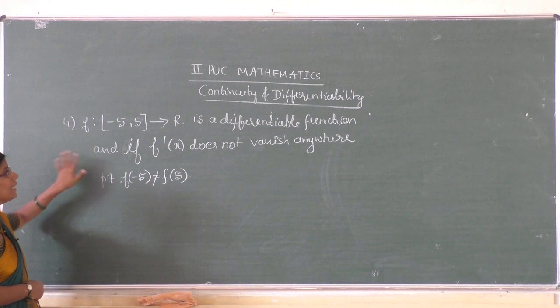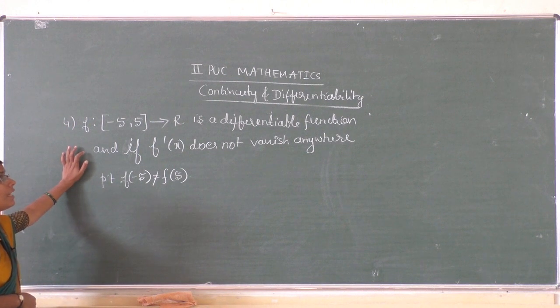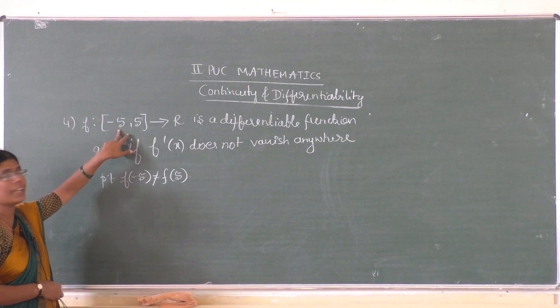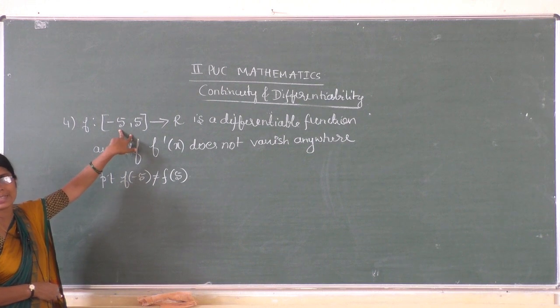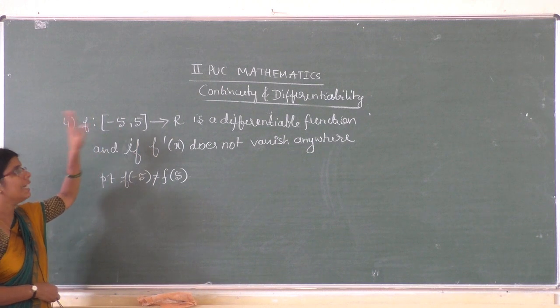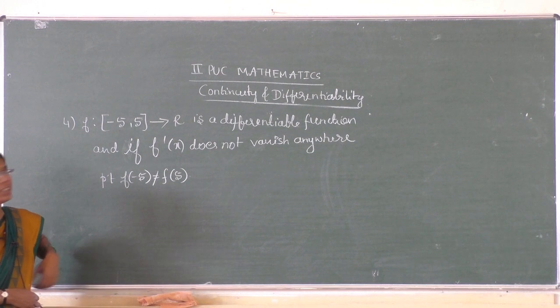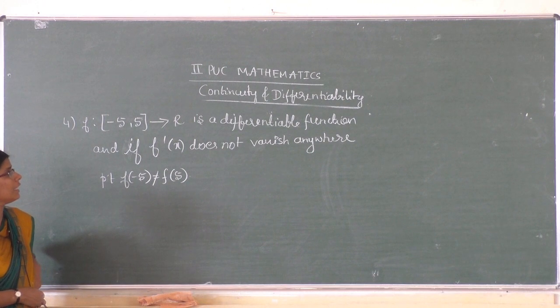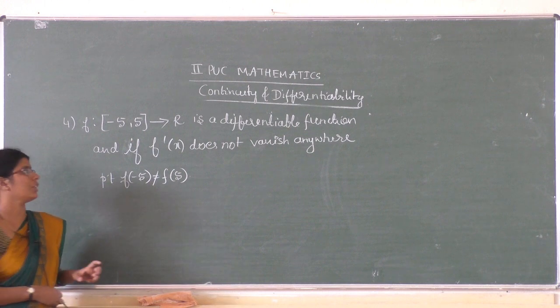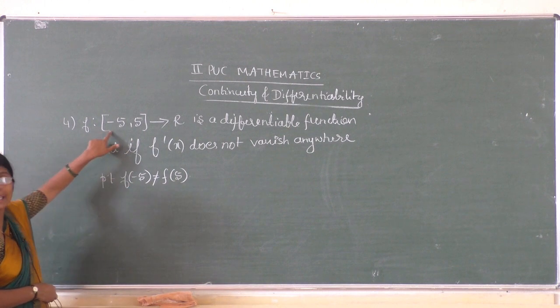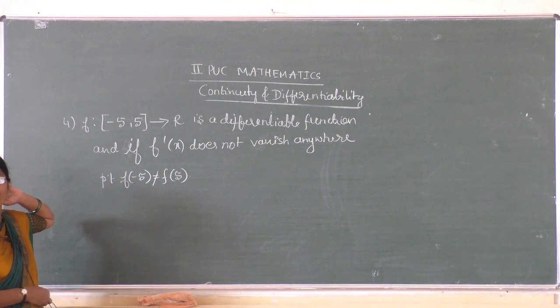So see, given the function is a differentiable function, it is clearly differentiable in the open interval minus 5 comma 5. Every differentiable function is always continuous. So the function is continuous in the closed interval minus 5 comma 5.